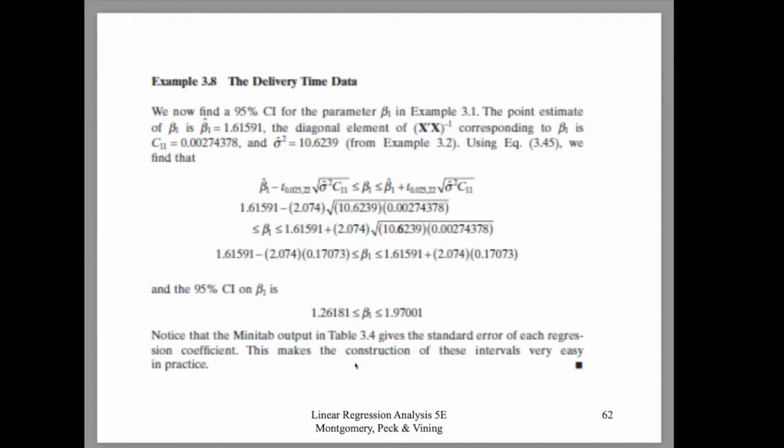Minitab provides those standard errors. SAS will give those standard errors as well. Now, the software may or may not allow you to request the confidence limits for the confidence intervals for those slope coefficients, but we'll see that SAS does allow that.